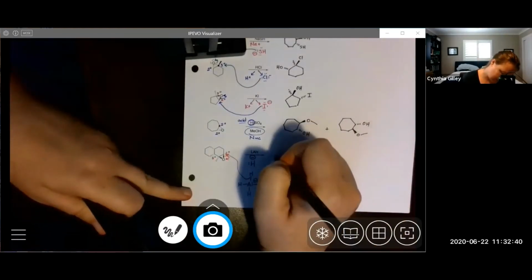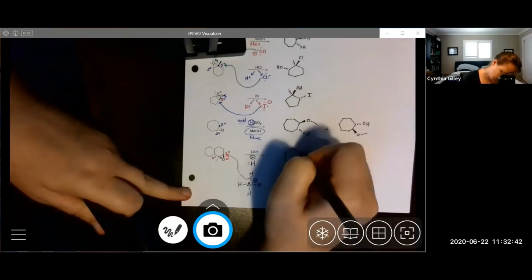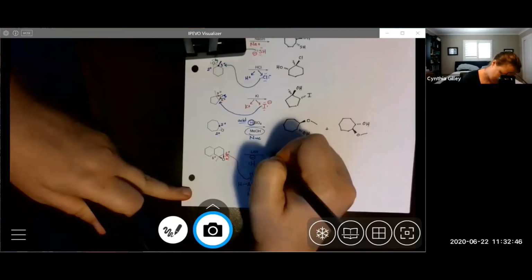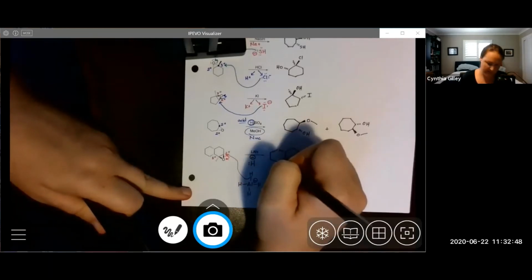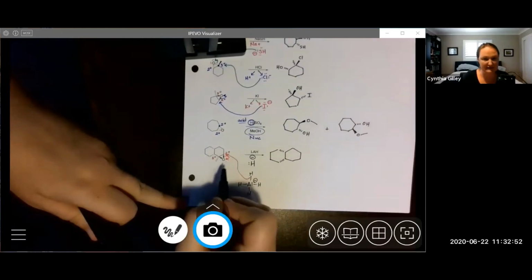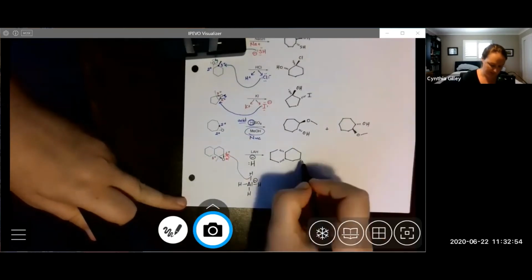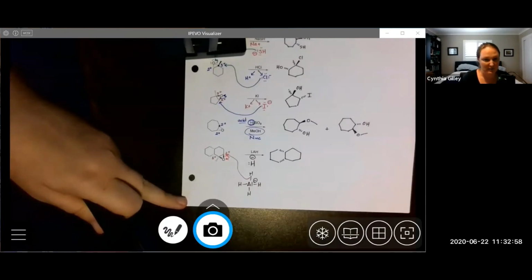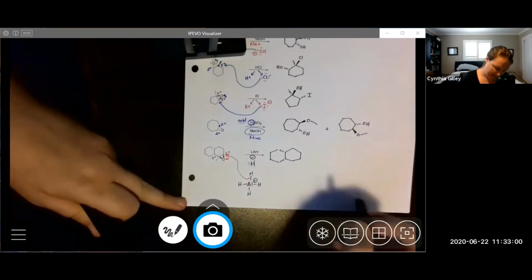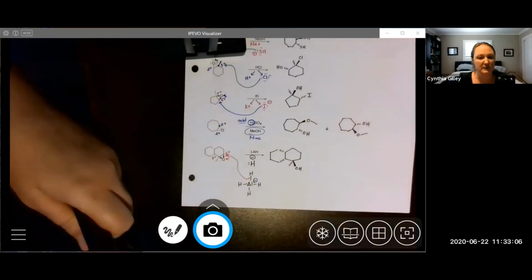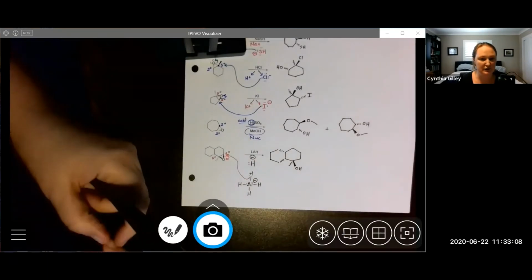When we draw that, we don't even necessarily draw it in. Basically we've added a hydrogen here and we've lost the oxygen, so this carbon just becomes a CH2, which is nothing to write about. And then we have no change in terms of stereochemistry of carbon.